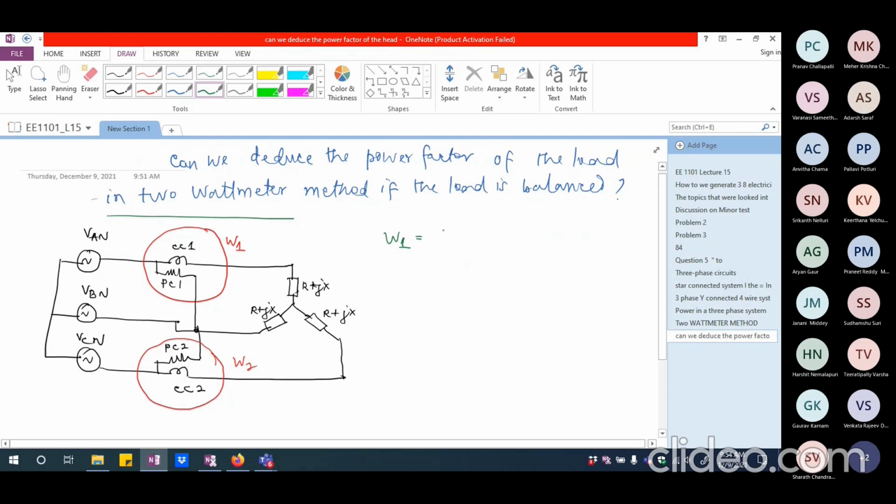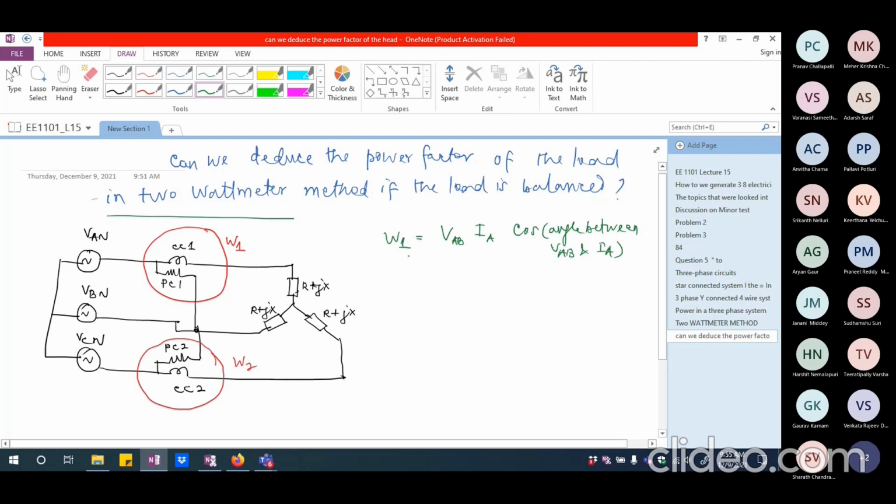So let me write VAB, whatever is the RMS value, and IA, which is going to be the RMS value. And I have to say cosine of angle between VAB and IA.